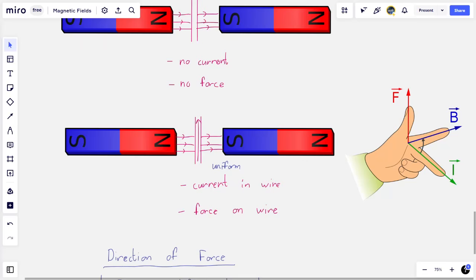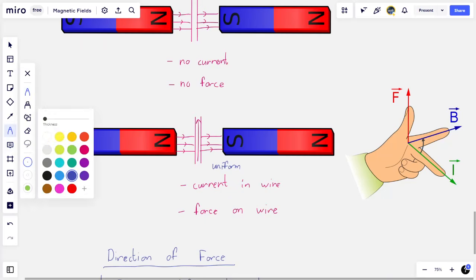Just be wary of the surroundings when doing so. I will notice that my field is pointing from left to right. B is pointing from north to south, left to right. So in that scenario, I have B pointing from left to right, my middle finger pointing upward, and so my thumb naturally will point into the page.